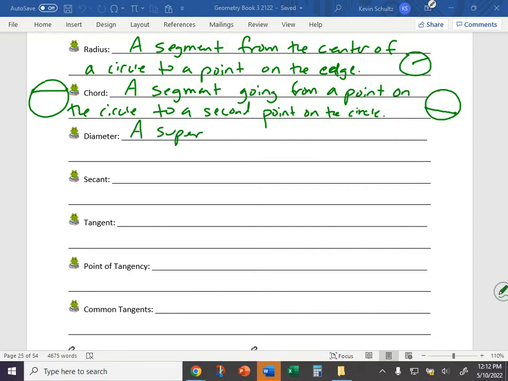This is the official mathematical definition: a super special chord that passes through the center of a circle.